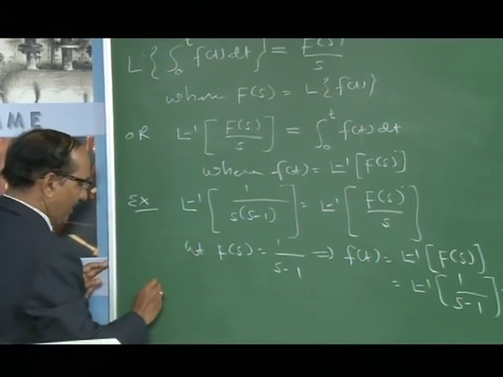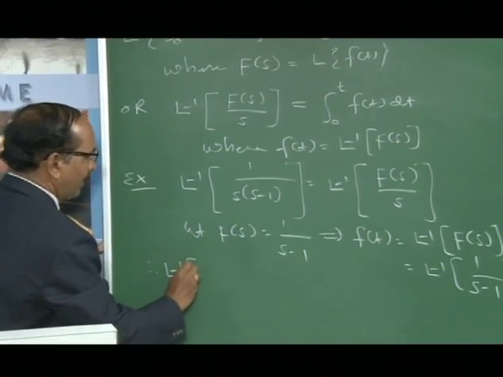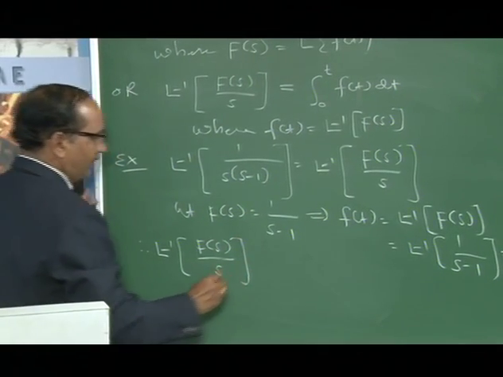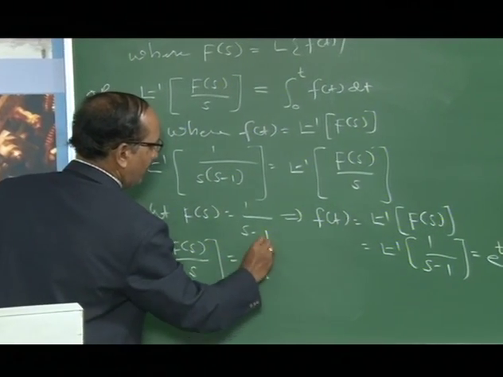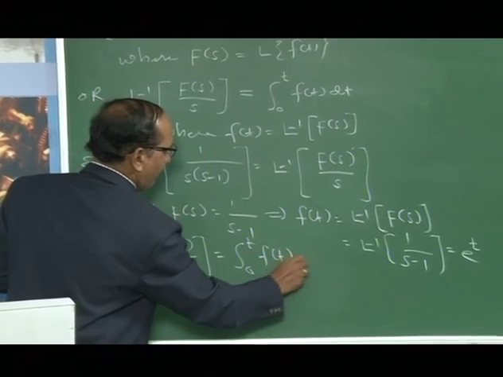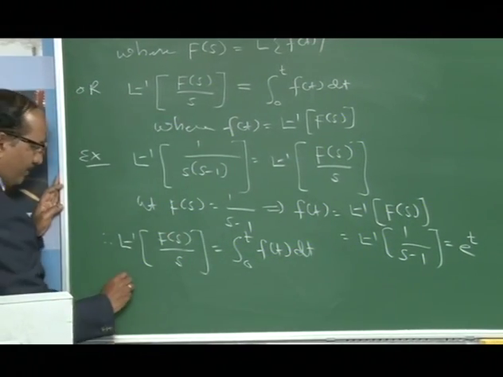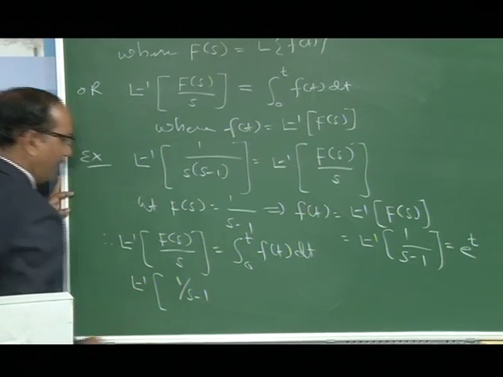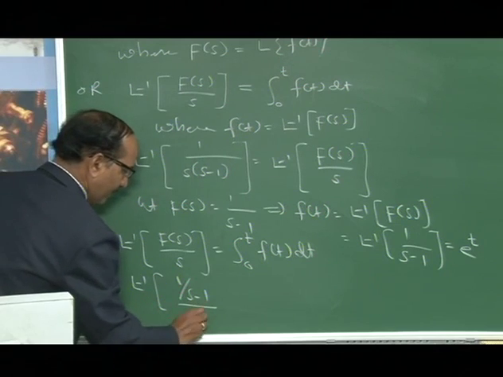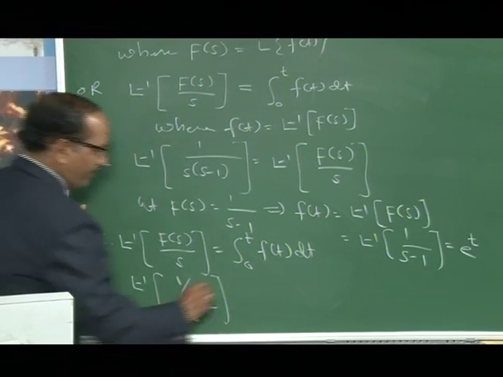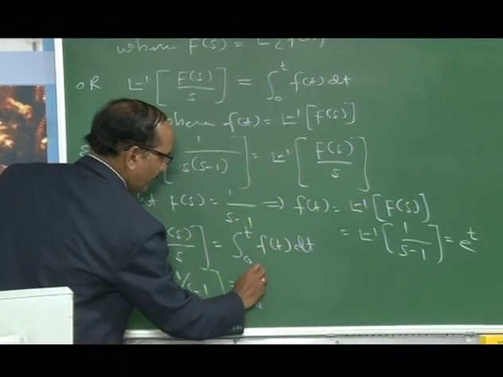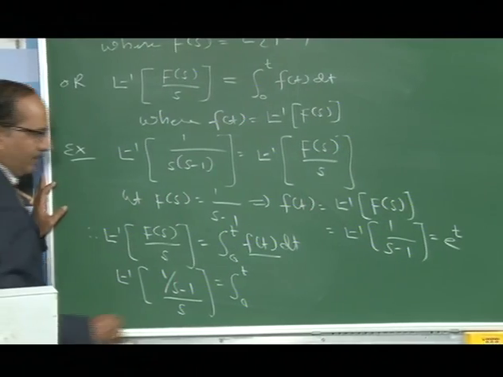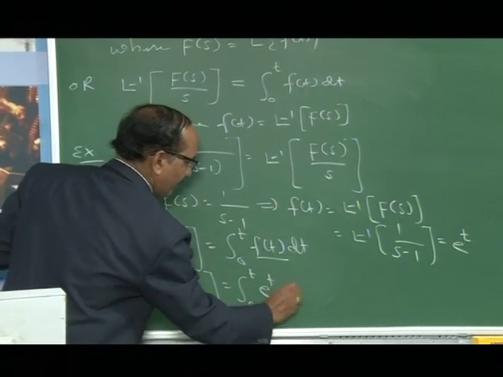So, we have identified f of s and its inverse is also known, substituting in the above formula. L inverse of f of s divided by s is equal to the integral from 0 to t of f of t dt. That is, L inverse of f of s considered as 1 upon s minus 1, divided by s. So, integrating from 0 to t, f of t is calculated from the f of s, that is e raised to t dt.